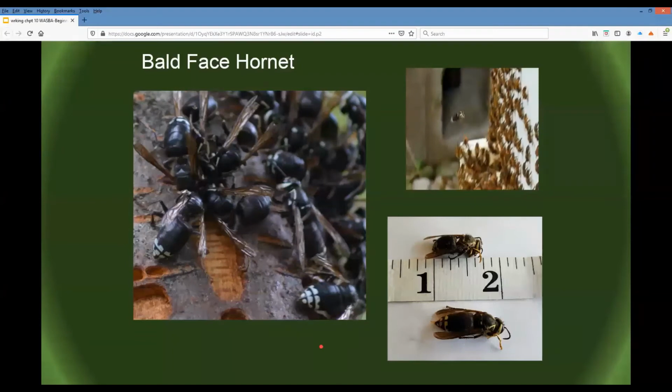So sometimes when you're feeding it, it also causes all these other more predatory vespid predators to decide they want to come and enjoy some of that too. So that can happen. These bald-faced hornets, they gather wood fiber and sap to make their nesting.